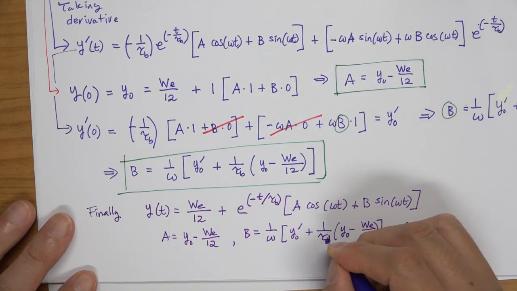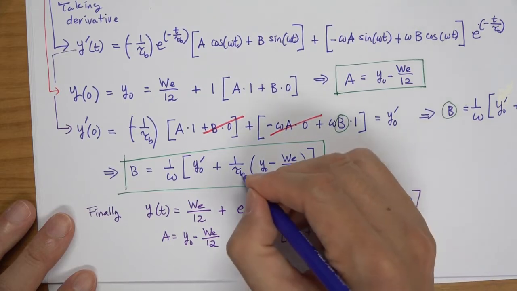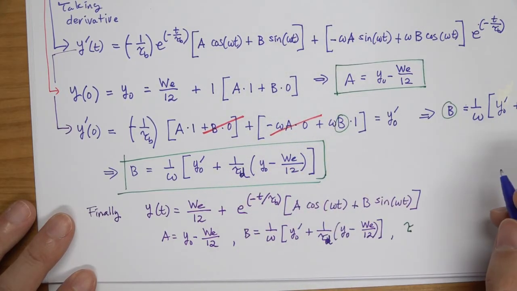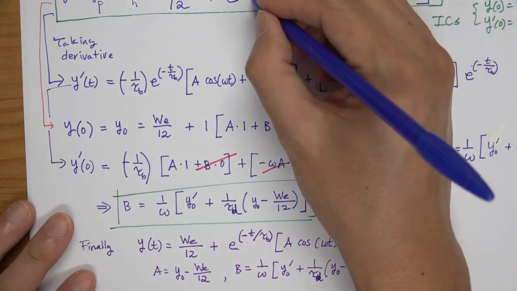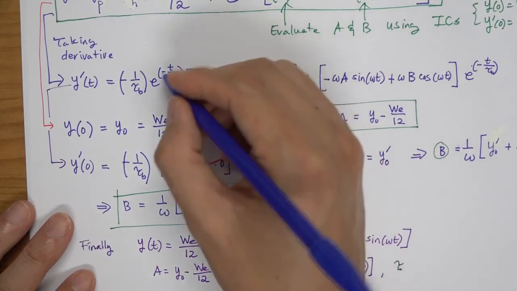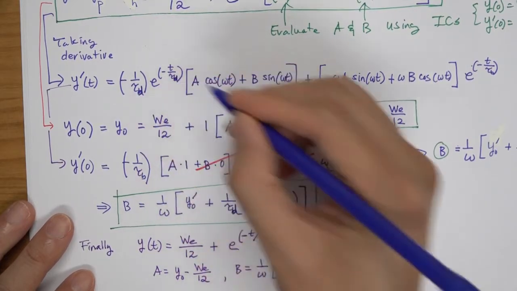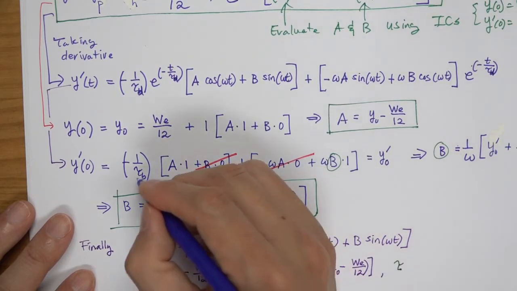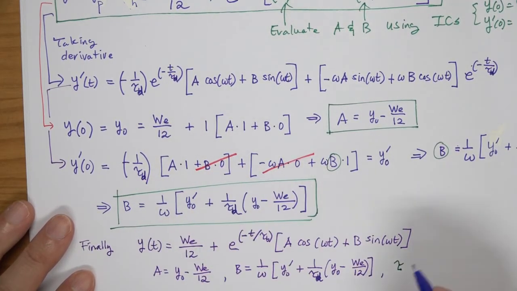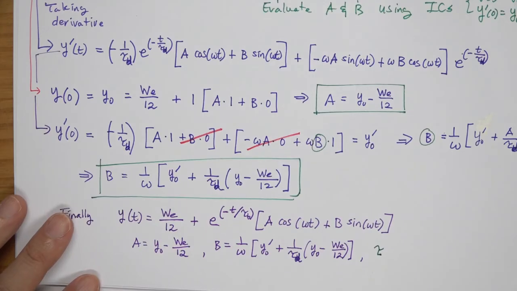Sorry about that, because previously I called this all d. This is d, this is d, this is d. All right, I'm sorry about this.